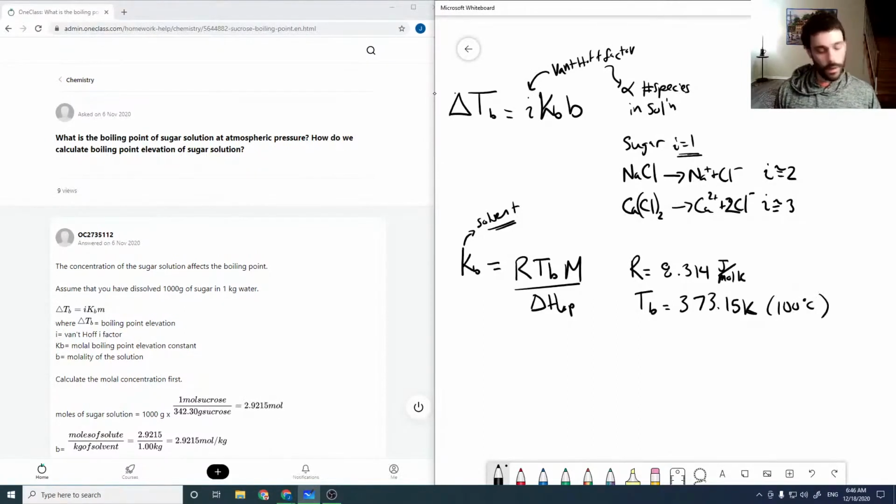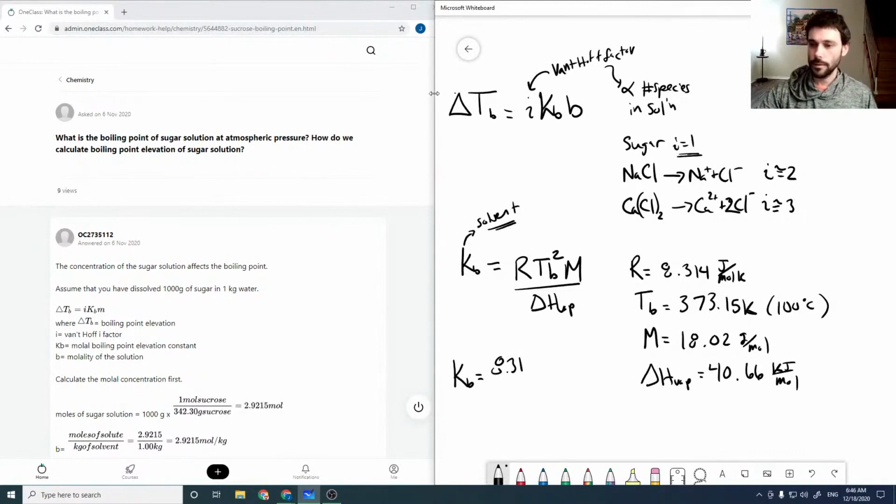Our molar mass for water is 18.02 grams per mole. And that should be squared, sorry. And our delta H vaporization for water is 40.66 kilojoules per mole.